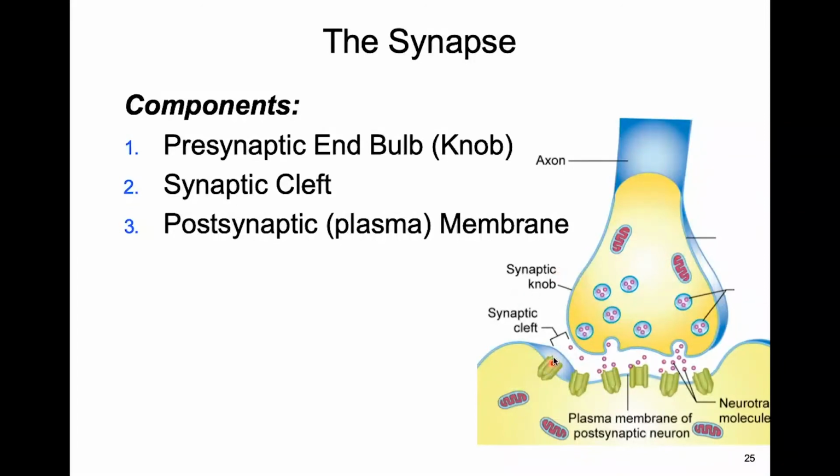Connecting, you have this gap between, known as the synaptic cleft, and then you have the postsynaptic end plate or plasma membrane. There you can see that you have specific ligand-gated channels, which are responsible for binding the neurotransmitter that's released from the presynaptic neuron, which then causes them to open and cause a whole new signal to be created in the postsynaptic neuron.